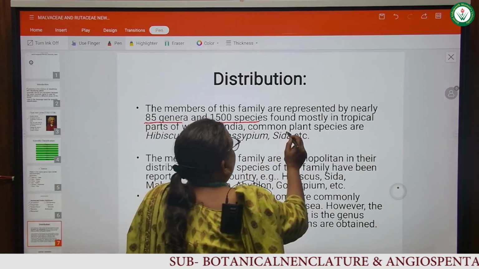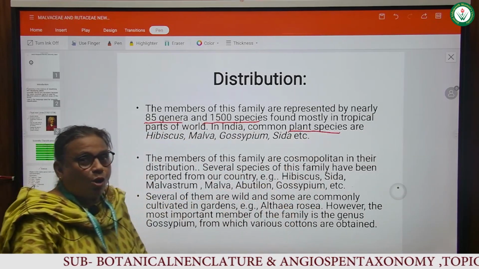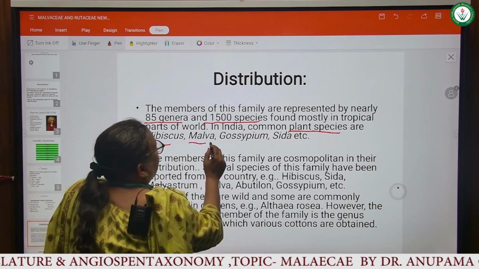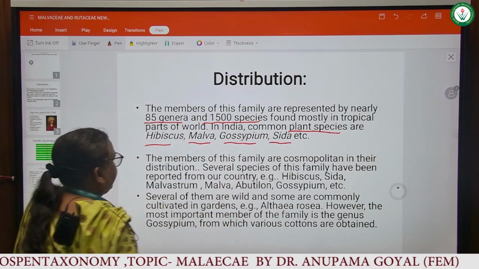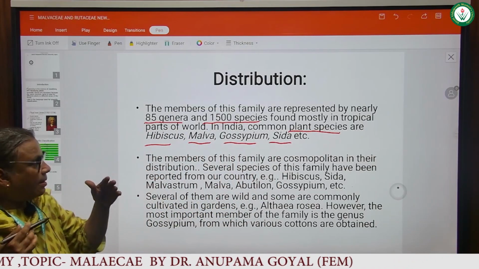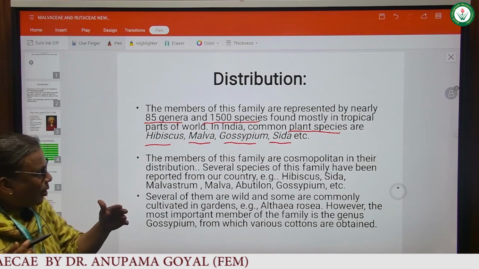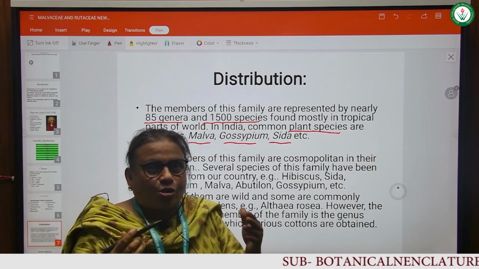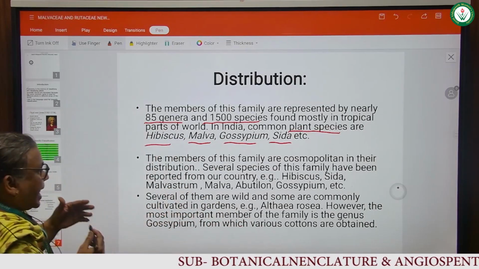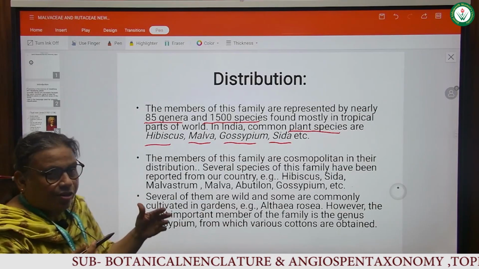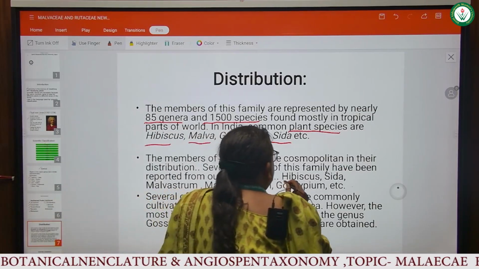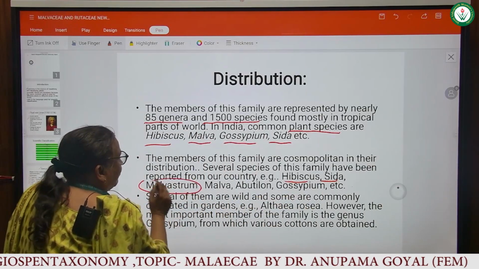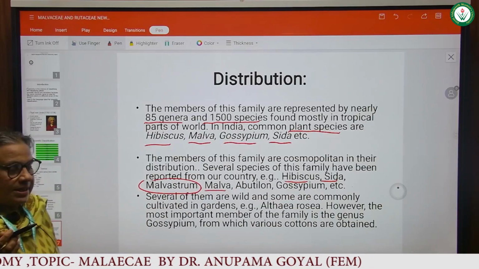In India, the common plant species belonging to the family Malvaceae are hibiscus, malva, gossypium, sida. The members of the family are cosmopolitan in distribution, and several species have been reported from our country, for example hibiscus, sida, malvastrum, malva, abutilon, gossypium.